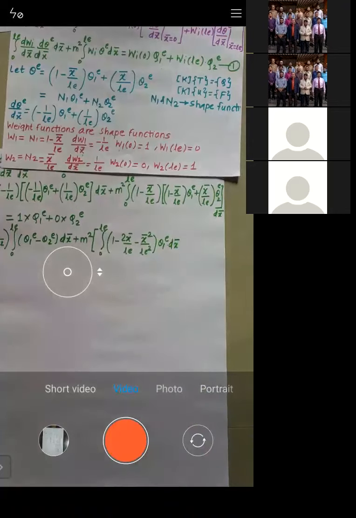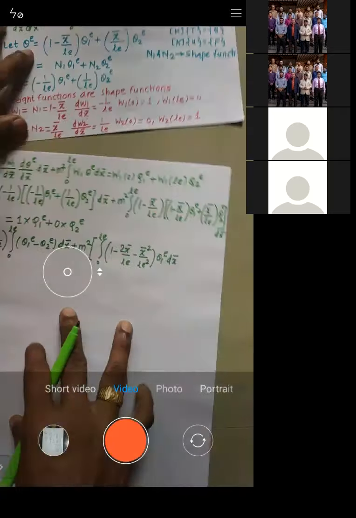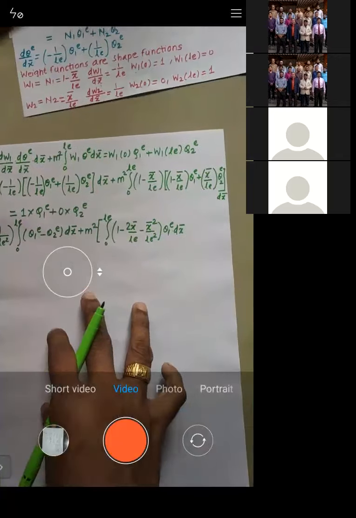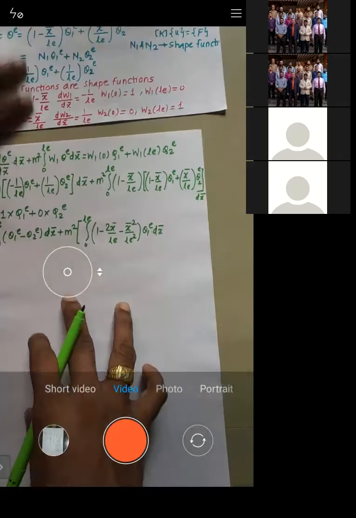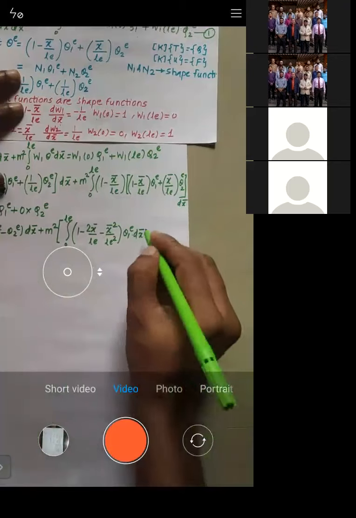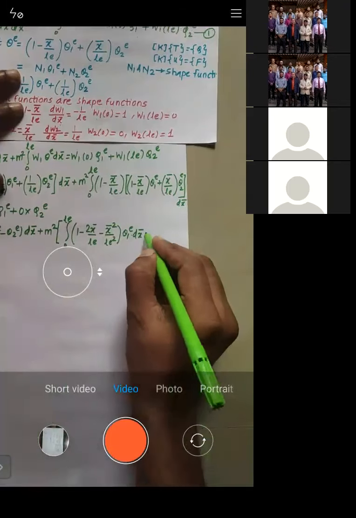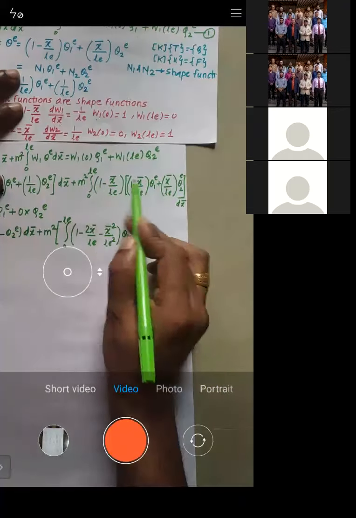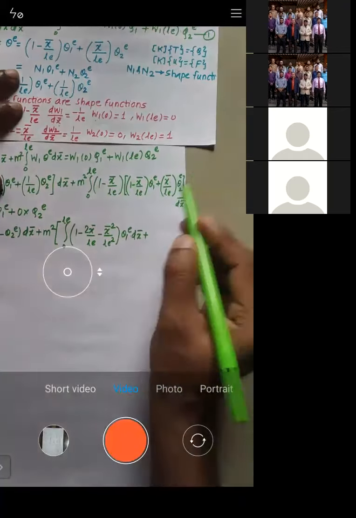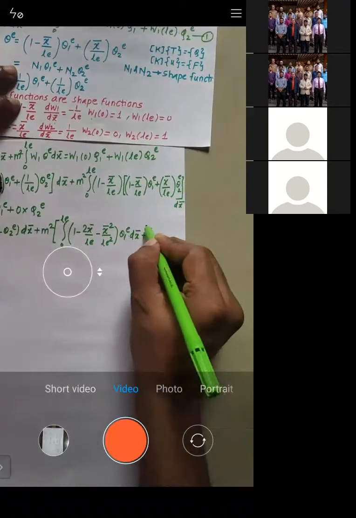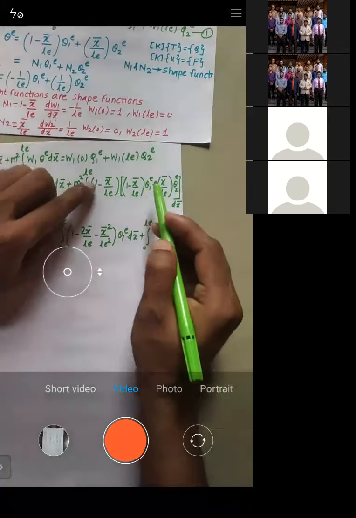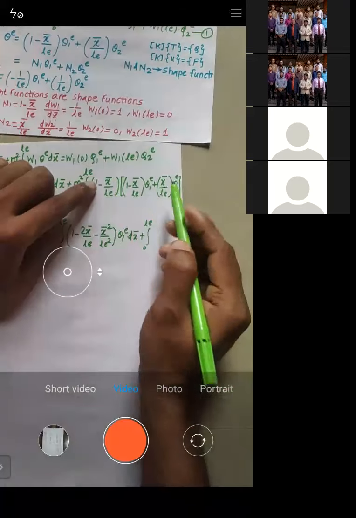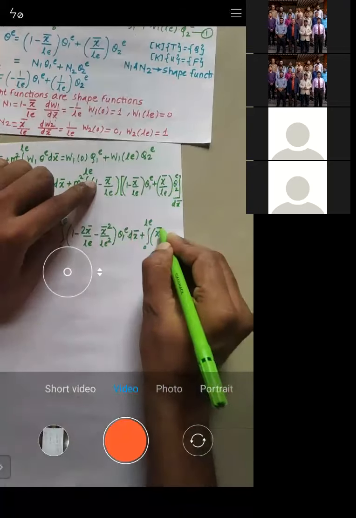Is it okay, all of you? Yes or no? Plus, again, this term multiplied by this term. Integration 0 to LE. See, what you will get? 1 into this same term, x bar by LE.